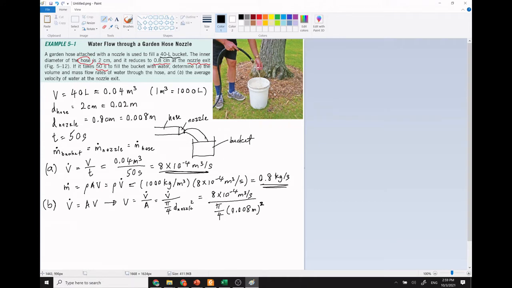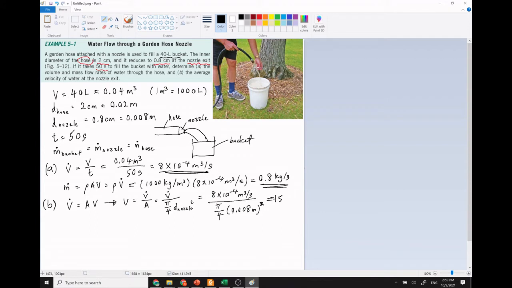Then what is the value? Now let us find the value. 8 multiply 10 to the power -4, divided by pi, multiplied by 4, divided by 0.008 square. We should get 15.